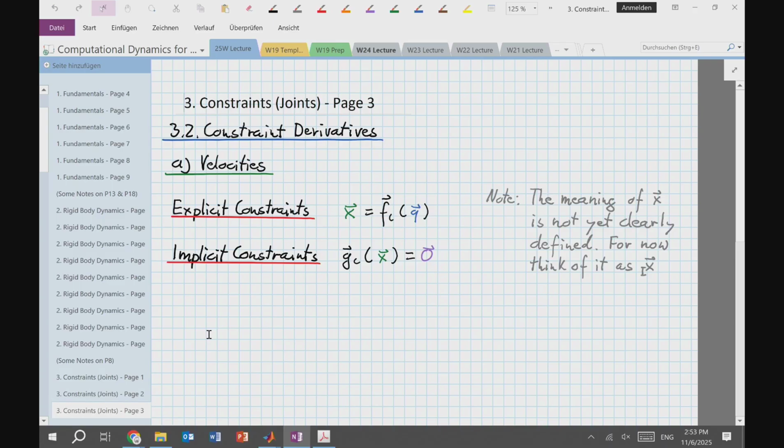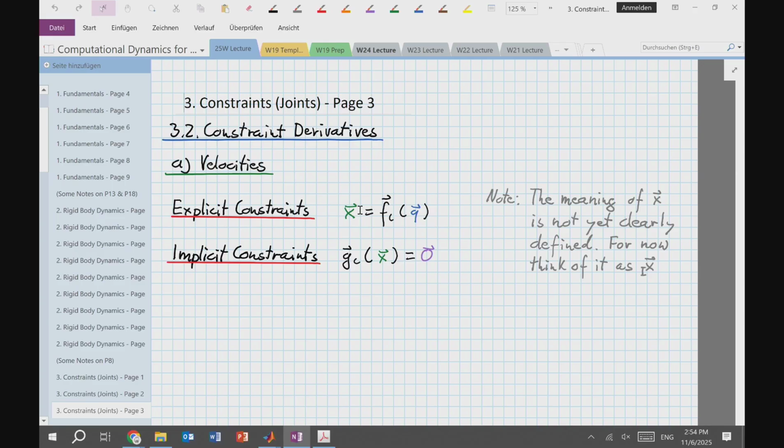Next step, velocities. This is in your templates, just written down cleanly: implicit, explicit constraints. Note that we haven't really discussed what x means, but we get a feeling that it somehow encodes the motion of bodies through Euler angles, through position vectors.